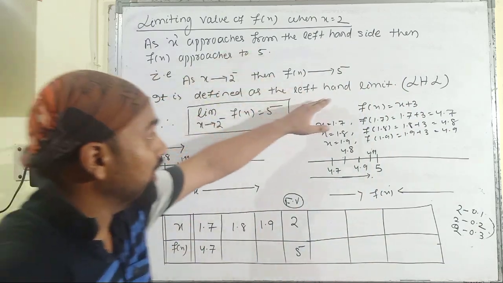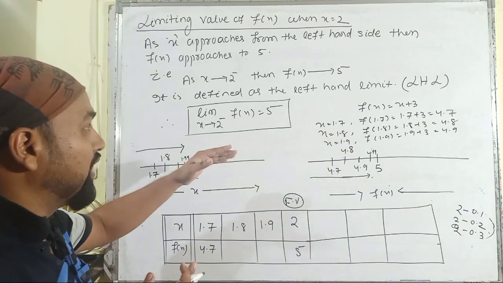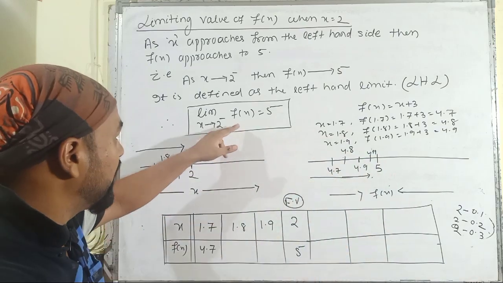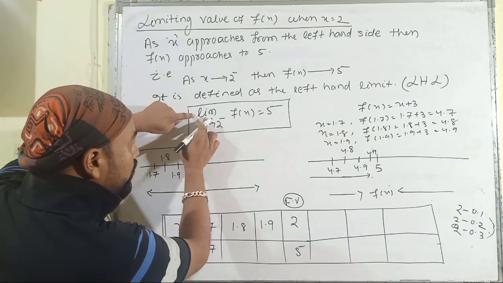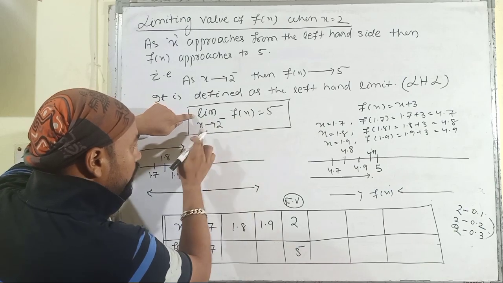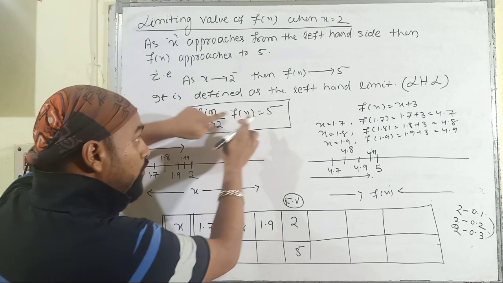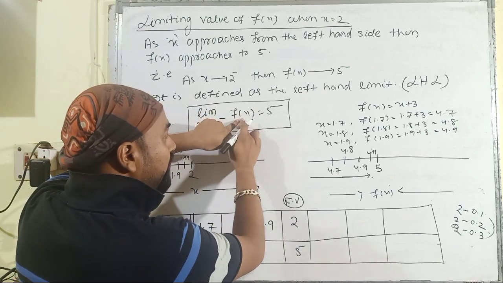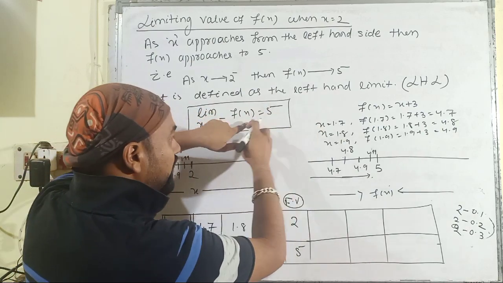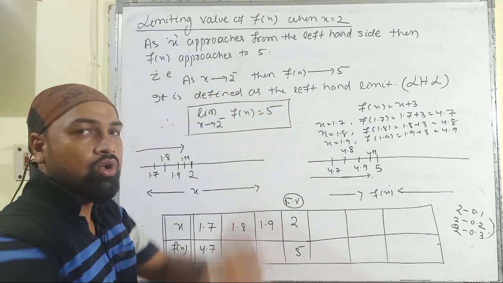So the left hand limit can be denoted by the limiting value of f of x when x tends to 2 minus. That means from the left hand side we get f of x approaching 5. That means the left hand limit is equal to 5.